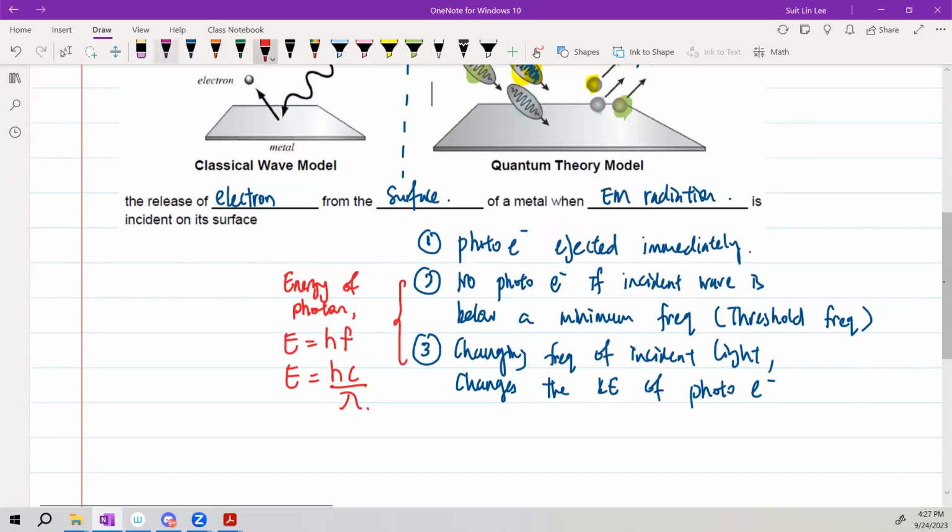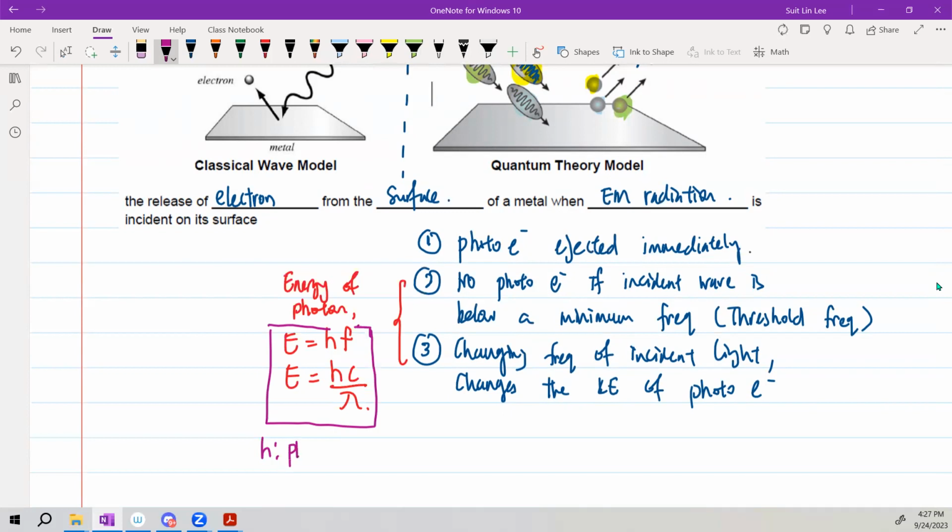Where h is the Planck's constant, and c and lambda are the speed of light and the wavelength of light. You can find the value of Planck's constant in your data sheet, but I'll just include it here: 6.63 times 10 to the power of negative 34.